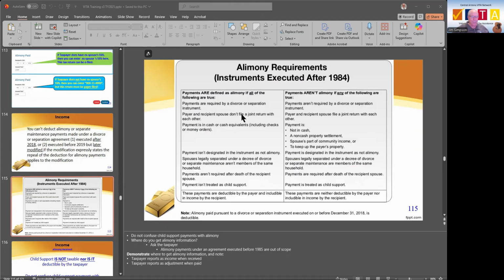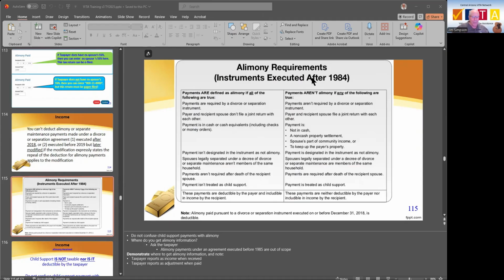The payer and recipient spouse don't file a joint return with each other. You can think how the trick would be there, but never mind. The shifting of income into a lower tax bracket, if you would. The payments are in cash or cash equivalents, like checks or money orders. In other words, you can't just give them furniture and call it alimony, right?